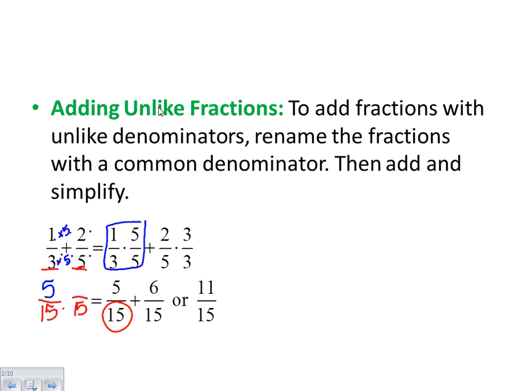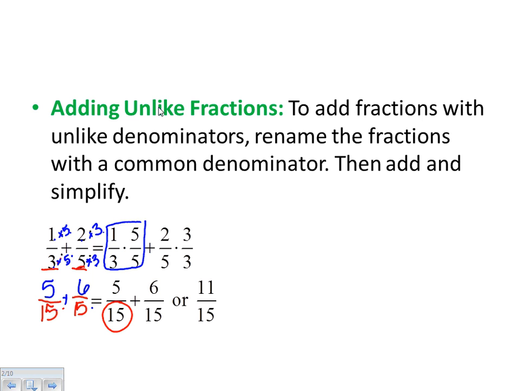And then we look at the second fraction. The second fraction's denominator is a 5. Now we ask ourselves, what can we multiply by 5 to get us to 15? Well, we're going to have to multiply by 3. And if I multiply the bottom by 3, I have to multiply the top by 3. And 2 times 3 is 6.